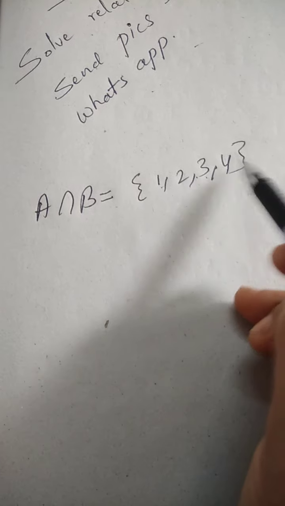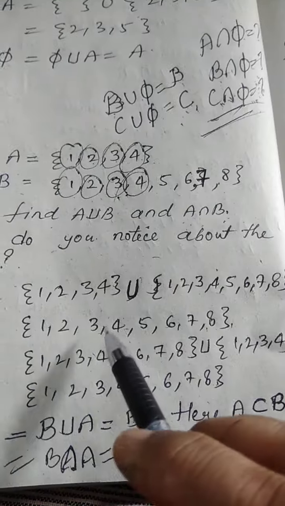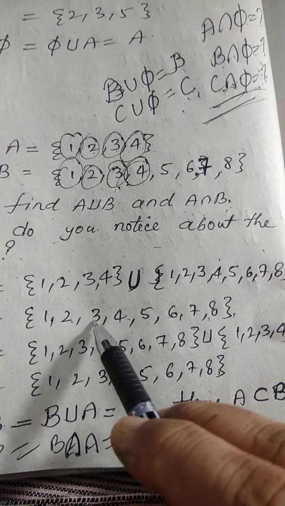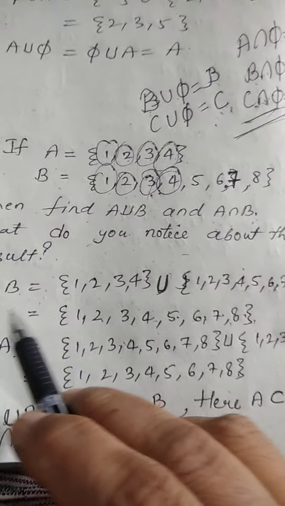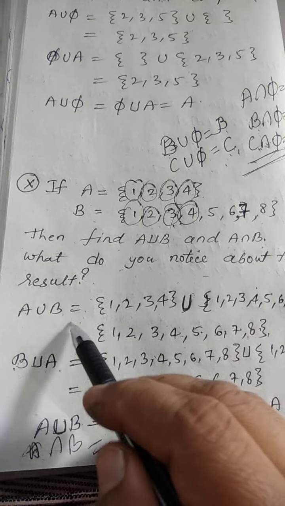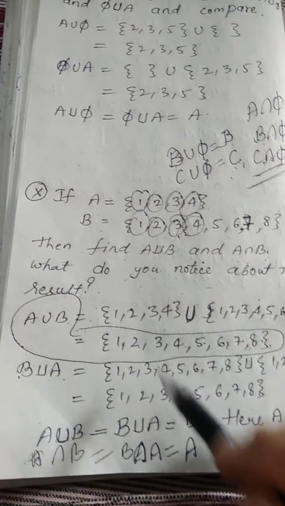So the intersection will be 1, 2, 3, 4, right? And the union is 1, 2, 3, 4, 5, 6, 7, 8. This is the union.